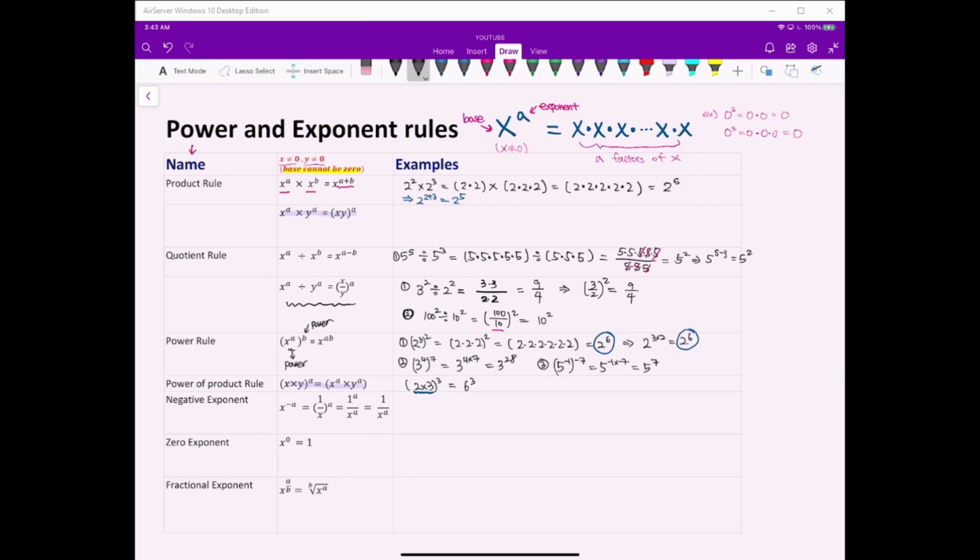Or another way of doing that is using the distributive property, which gives you this expression. And they both give you the same answer, which is 216.